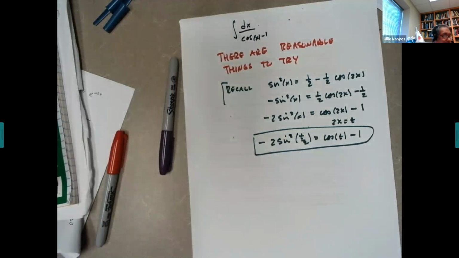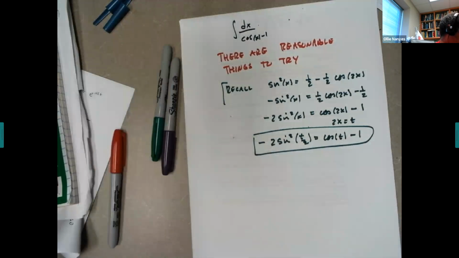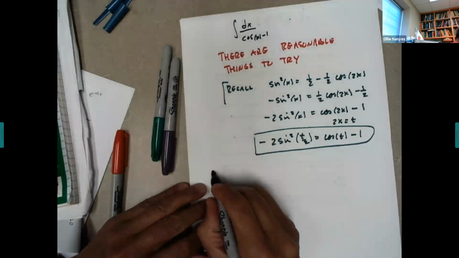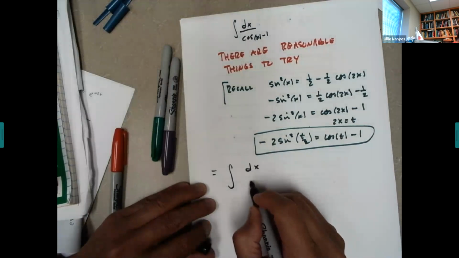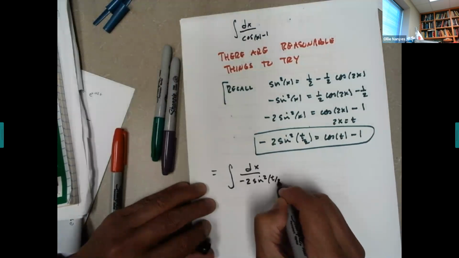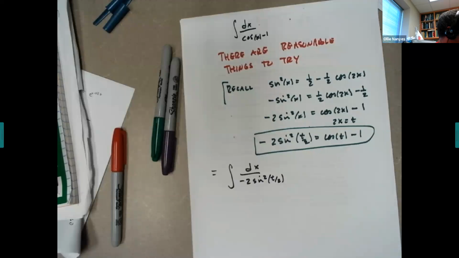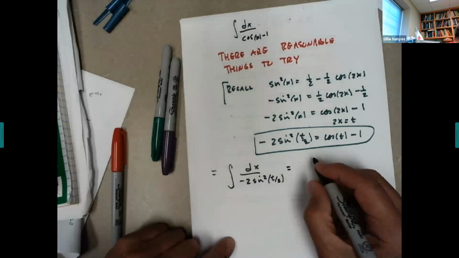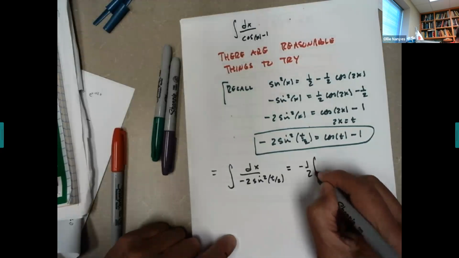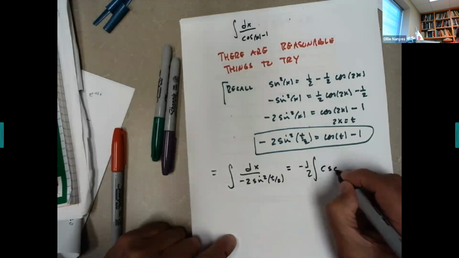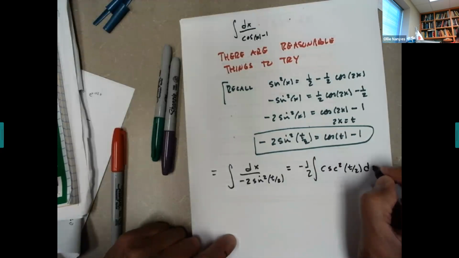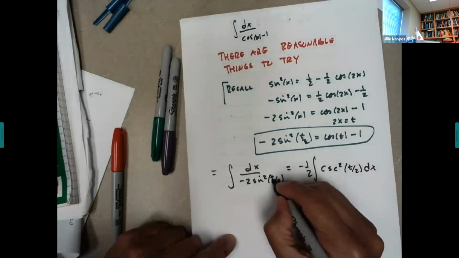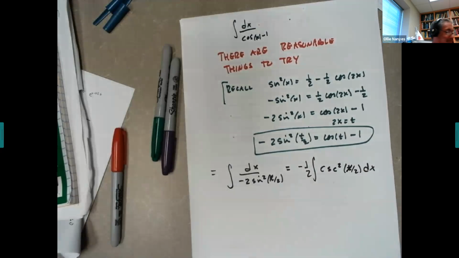Do you see what to do now? So this whole integral, it's not really a substitution, it's a trig identity, is now equal to dx over minus 2 sine squared t over 2, which is basically minus 1/2 integral of cosecant squared of t over 2, x, darn it, did it again.